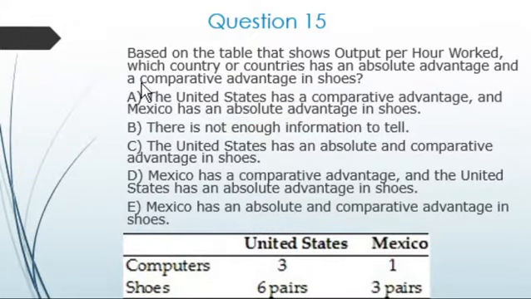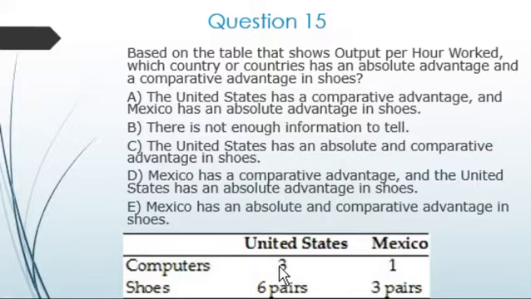Question 15 is which country or countries has an absolute advantage and a comparative advantage in shoes? So we see that the United States can produce 6 pairs of shoes, while Mexico can only make 3 pairs of shoes. So the United States would have an absolute advantage in making shoes. And then for comparative advantage, you'd be looking at the opportunity costs.